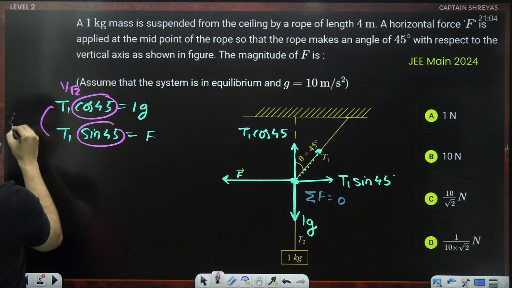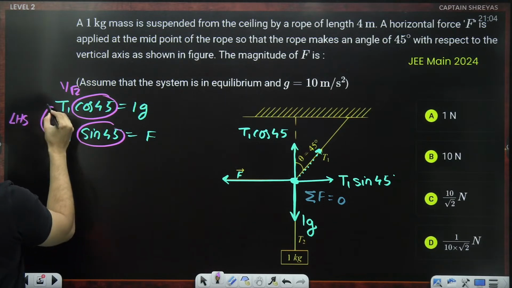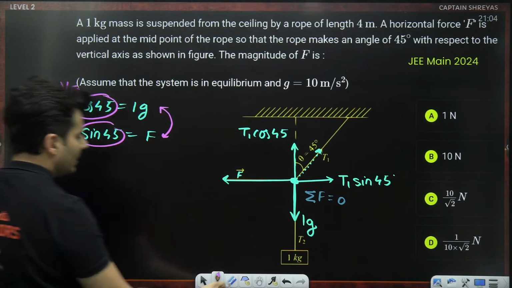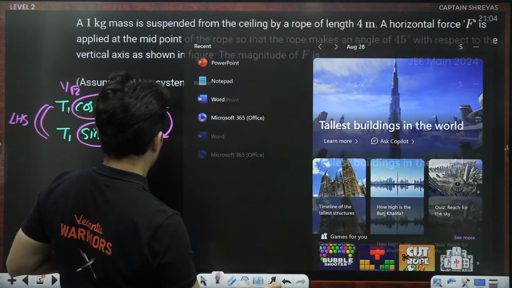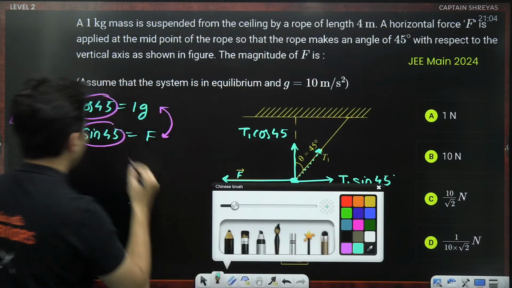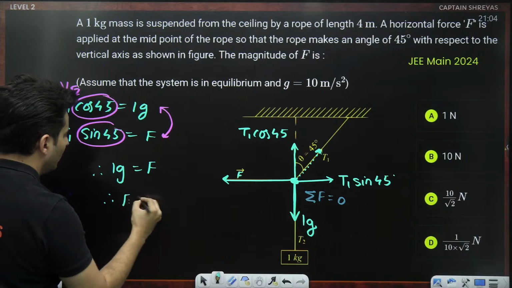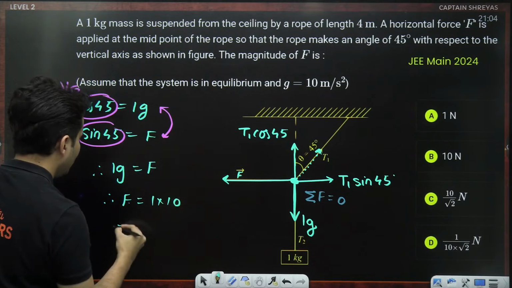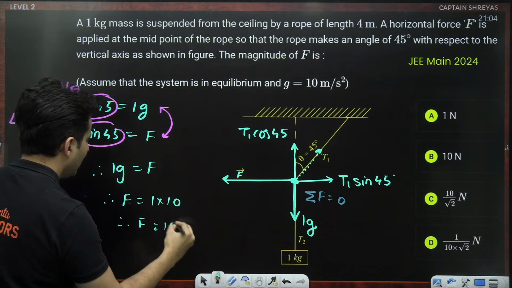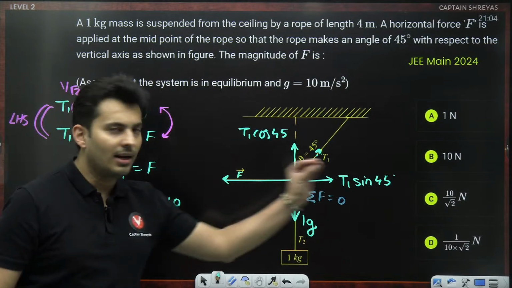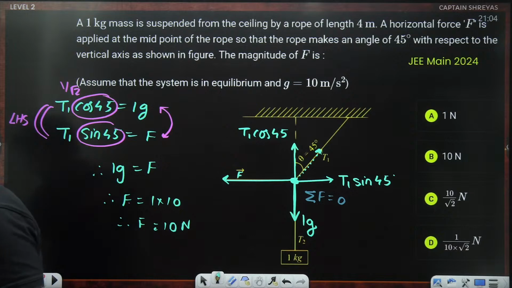That means both the LHS are equal. If the LHS are equal, even the RHS must be equal. Hence, I can quickly say that 1g is equal to F, or force is 1 into g, which is 10. Therefore, force is 10 Newton, which is option number B for your IIT Bombay. Yes, I hope this is clear.